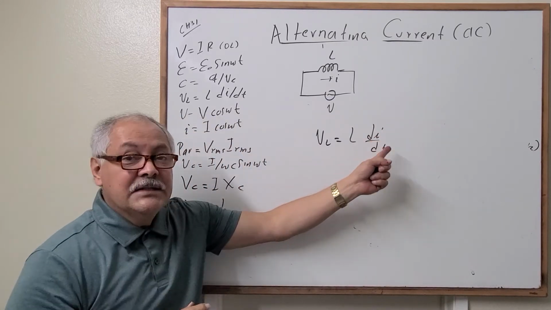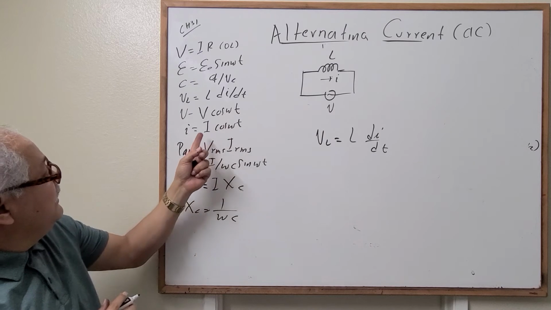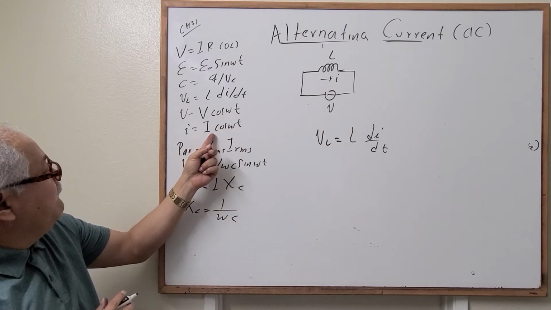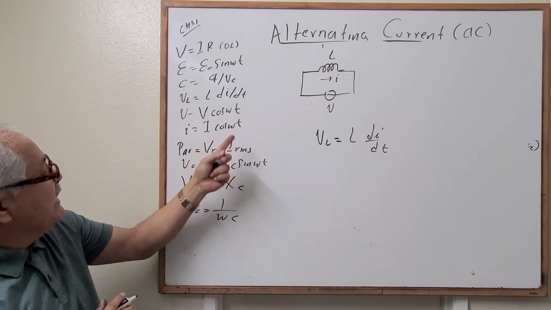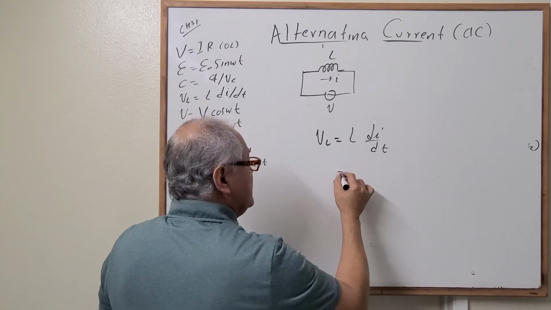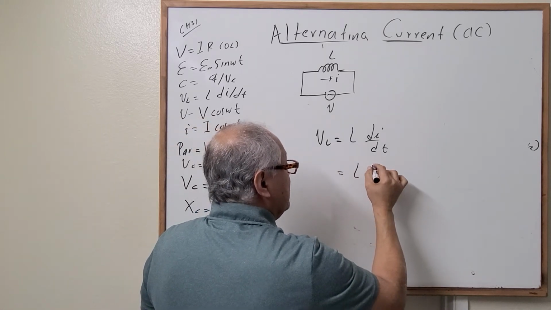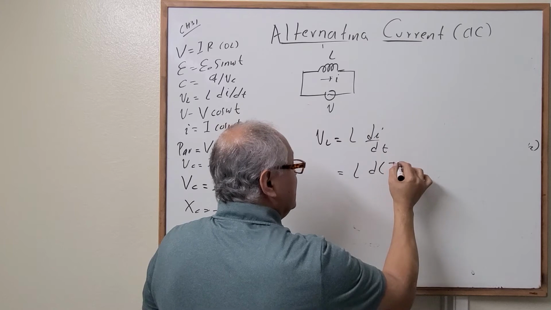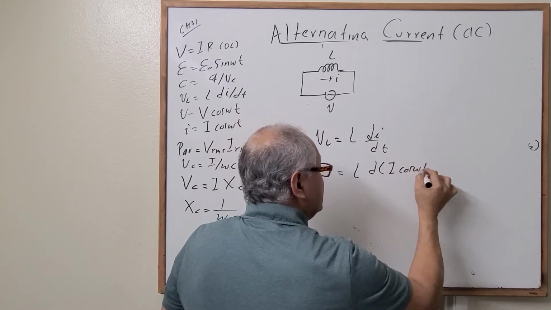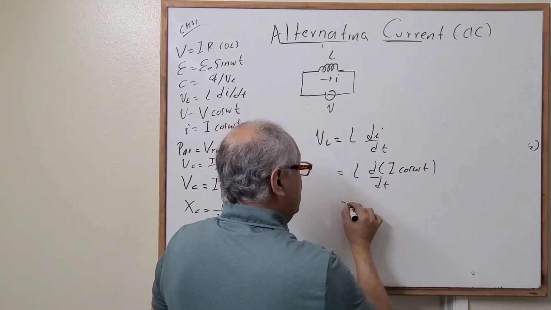But what is the current? It was found to be the maximum current times cosine omega t. So it equals L times the derivative of the maximum current times cosine omega t with respect to time. And what is this derivative?